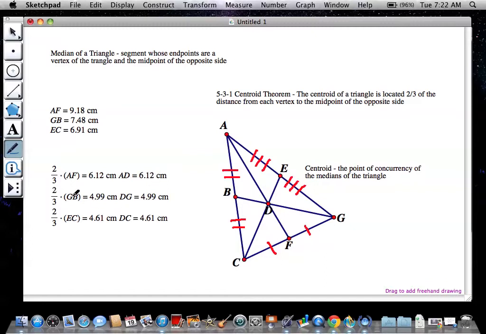2/3 times GB gives me 4.99. DG is 4.99. 2/3 of EC, that's 4.61, and DC is 2/3 the length of C to E, 4.61. So it still works, and I can move this triangle around.